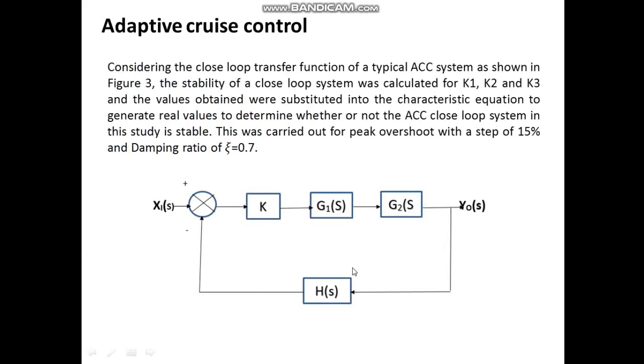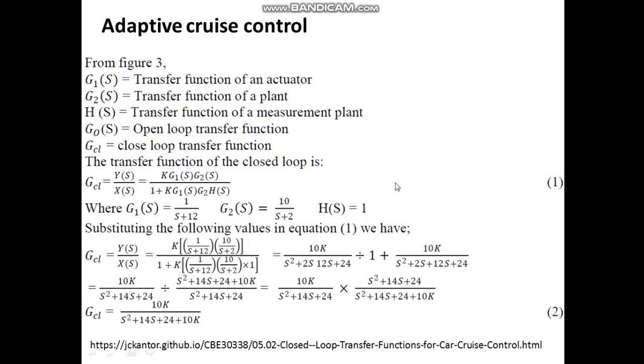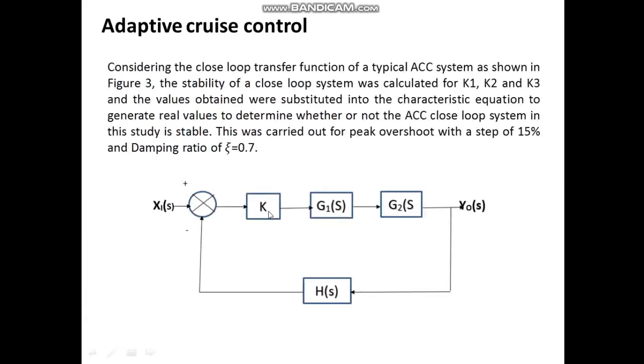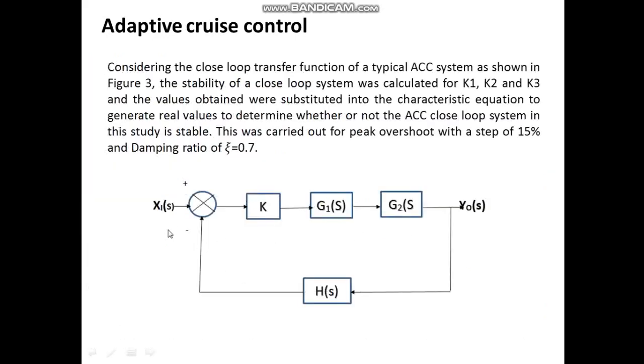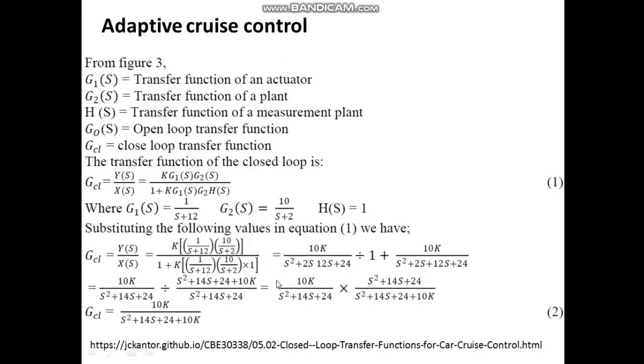G0(s) is nothing but the open loop transfer function. GCL is considered as the closed loop transfer function. So the transfer function for this closed loop system, we can write as K times G1(s) times G2(s) divided by 1 plus, because H(s) is negative feedback, 1 plus K times G1(s) times G2(s) times H(s).